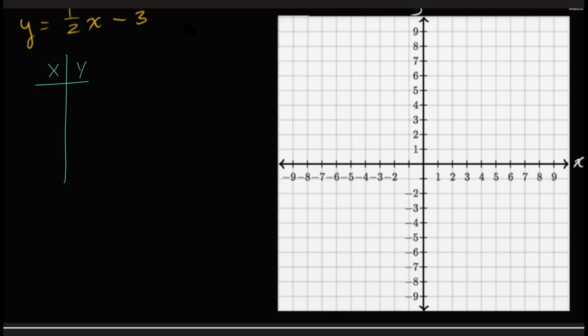And x is my input, so I'm just going to pick numbers for x that will output a whole number for y.